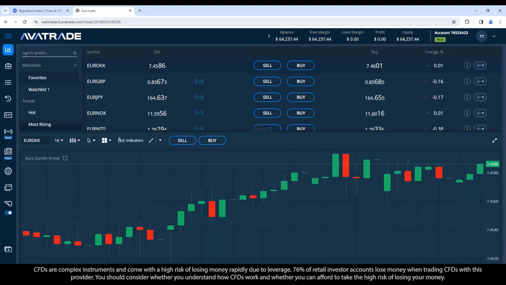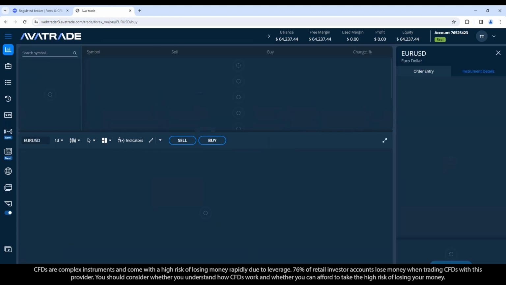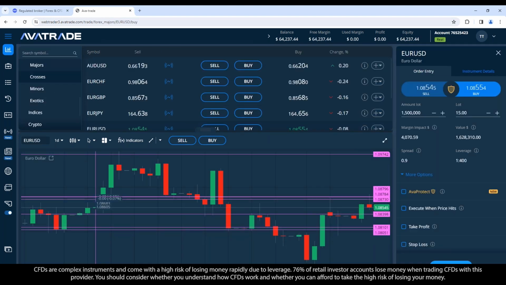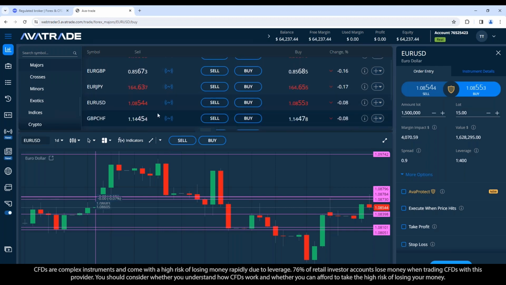Now, let's take a look at something like the EUR/USD. And let's see, first of all, is there a technical signal? Since we're wanting to do technical analysis, we can see there is a technical signal. That's what this symbol means. There's a live signal.